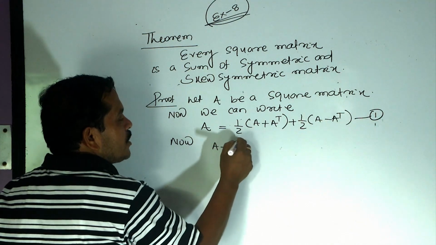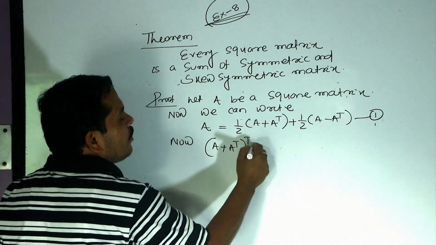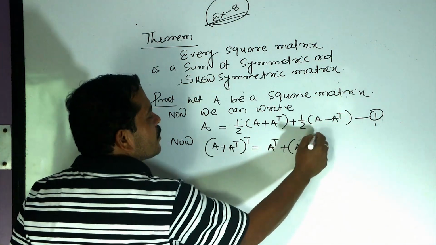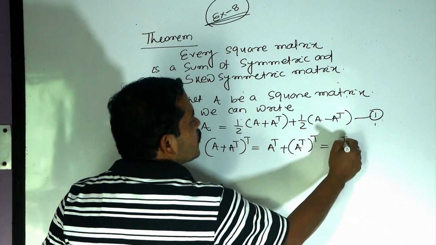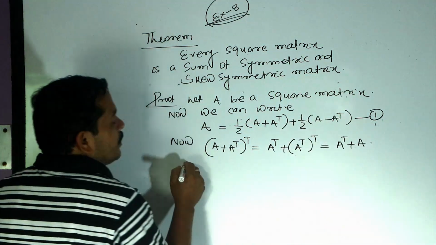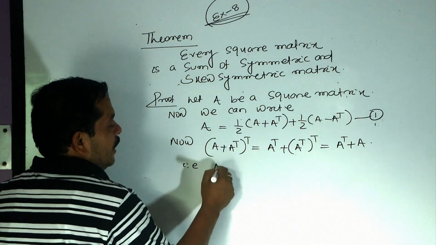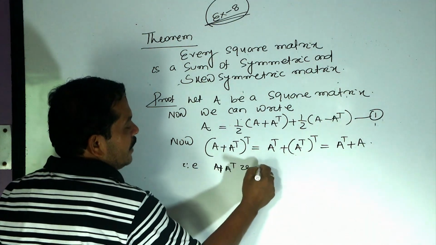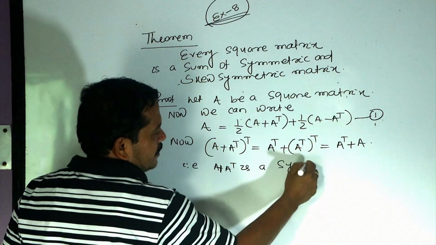Now, A plus A transpose, whole transpose, equals A transpose plus A transpose transpose, which equals A transpose plus A. That means A plus A transpose is a symmetric matrix.